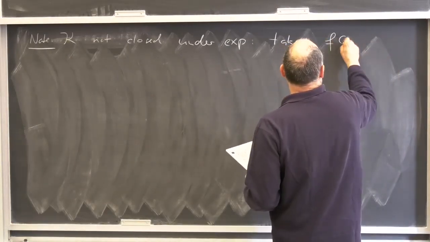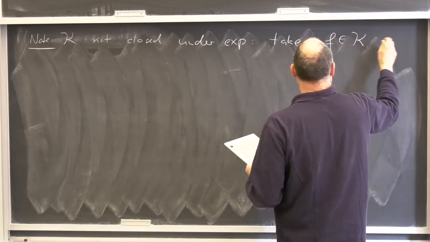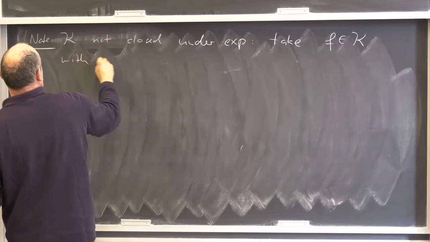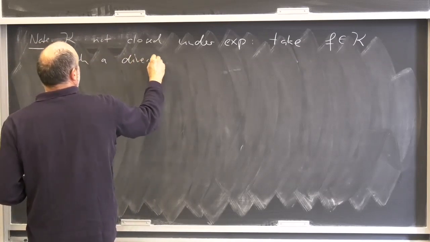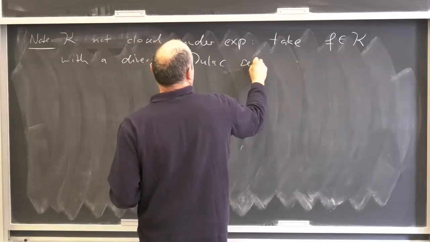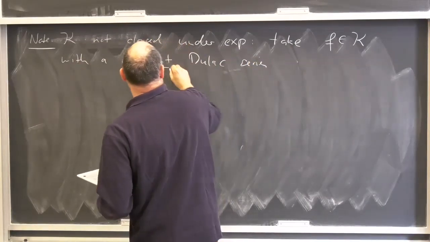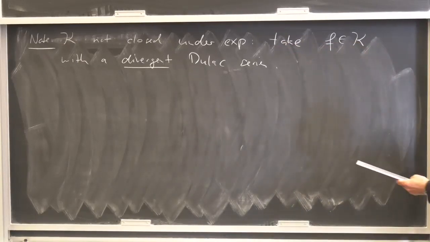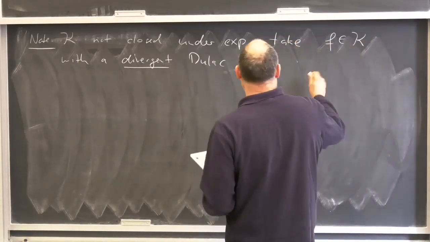So take F in K with a divergent Dirac series. You know that you're there. So then what do you do with this?